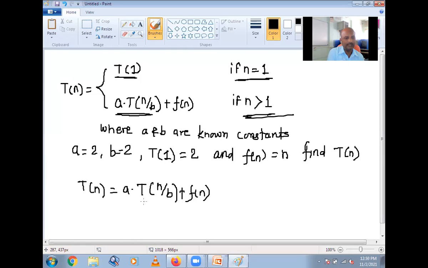We put the values of a, b, and f of n and get T of n is equal to 2 T of n by 2 plus n. This is equation number 1.